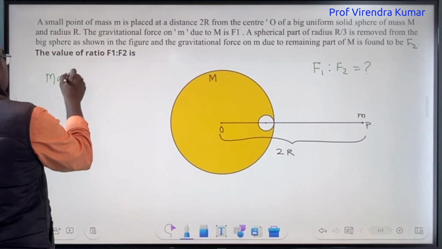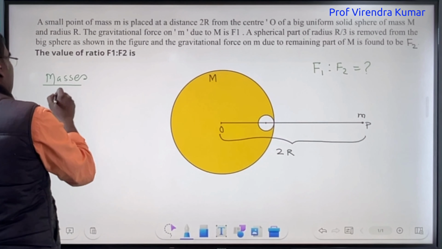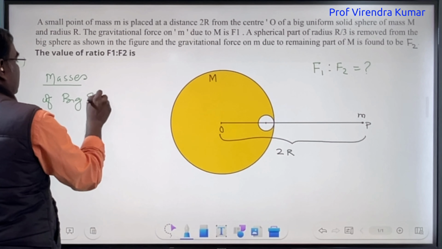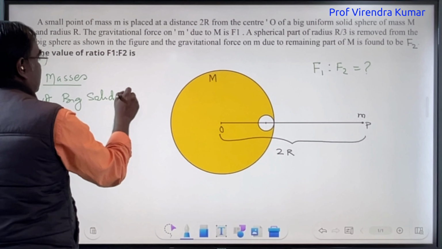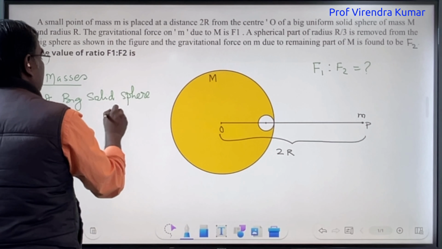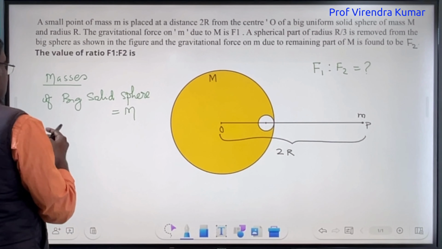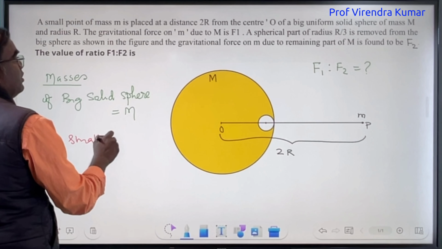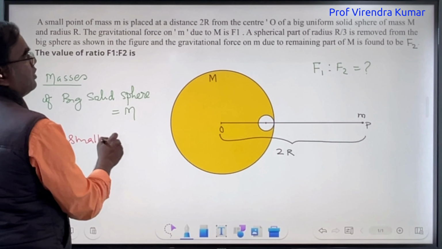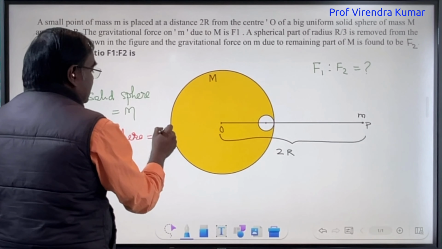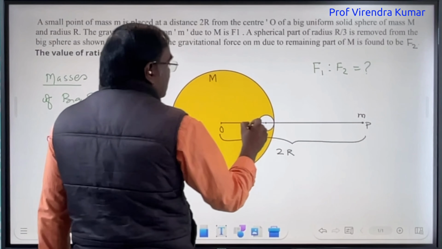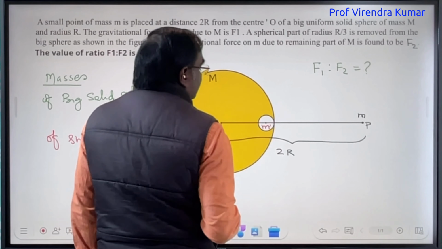the mass of the big solid sphere is capital M, and the mass of the small sphere that has been carved out, let us assume, is M prime. We have assumed its mass to be M prime.